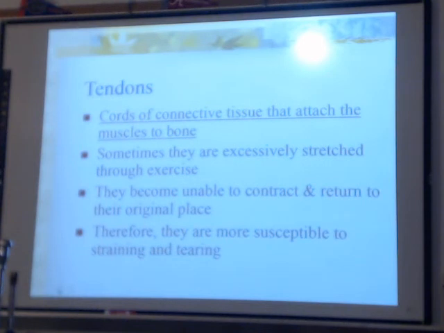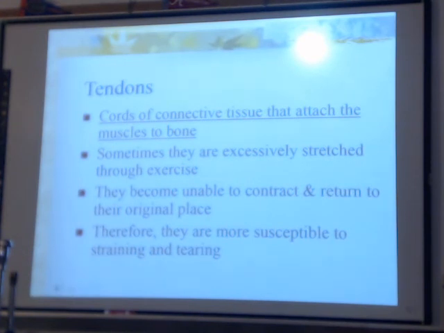Tendons. So tendons are cords of connective tissue that attach muscles to bone. You need to remember that tendons are connective tissue that attach muscles to bone. Sometimes we excessively stretch those and can cause some damage to tendons, and they're unable to make contact.